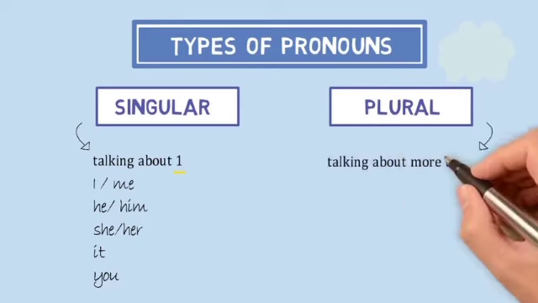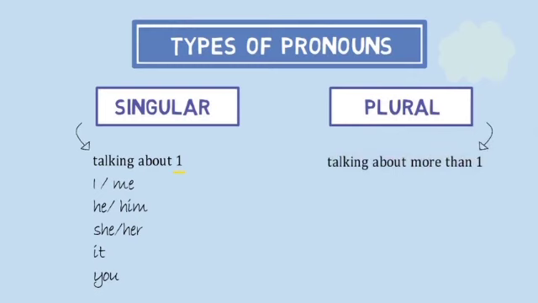When we are talking about more than one thing or person, we will use plural personal pronouns like we, us, they, them, and you. Notice that you is both singular and plural because it can be used to replace one person or many people.